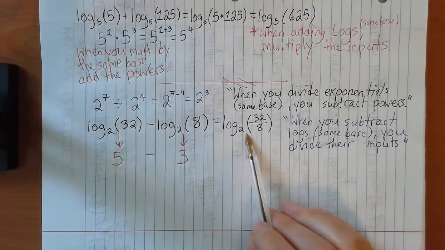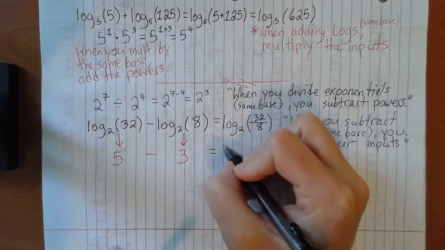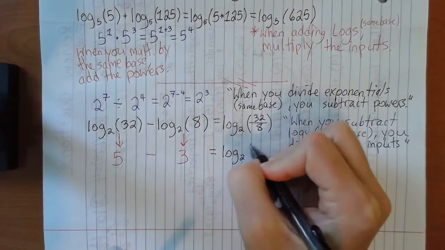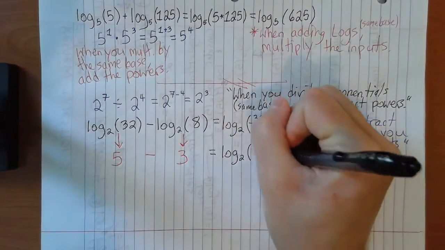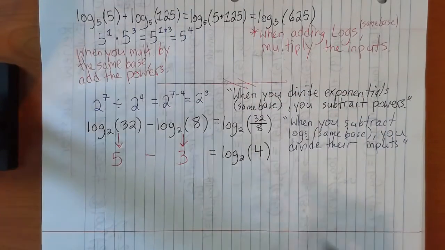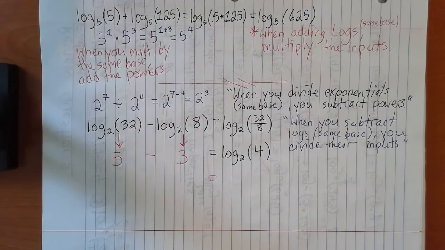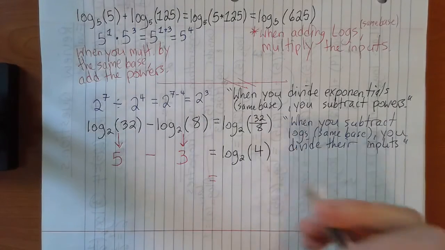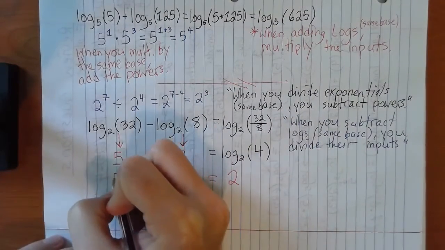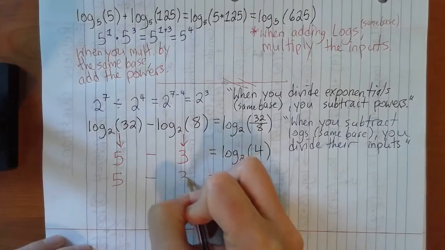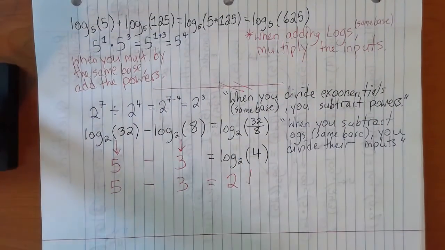And in theory, this should be equal to log base 2 of 32 divided by 8. Well, 32 divided by 8 is equal to 4, and we know that log base 2 of 4 is going to be equal to 2, since 2 squared is equal to 4. So now we have basically written 5 minus 3 equal to 2, which is definitely correct.